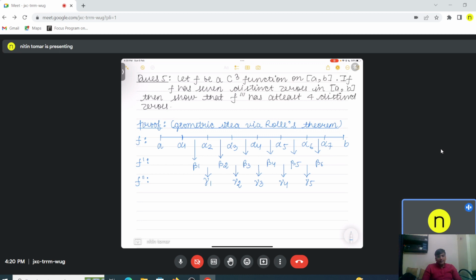All 5 of them, gamma 1 to gamma 5, will be distinct because they are coming from disjoint intervals.